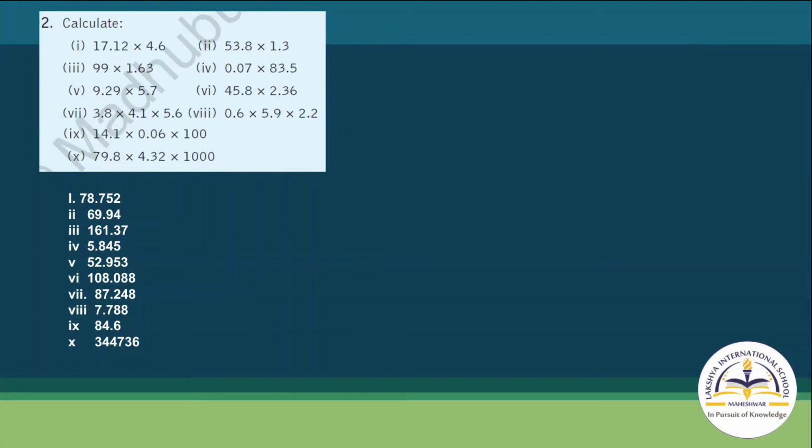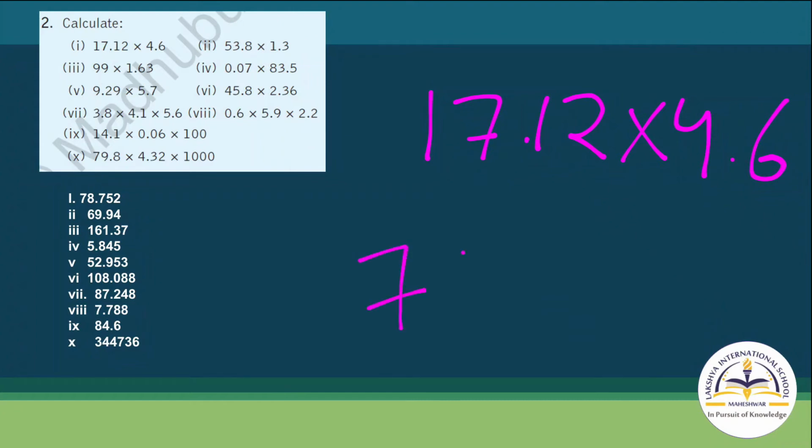Okay, you can see 17.12 into 4.6, so when you multiply them you will get your answer 78752. Now how to put the decimal point? You can count how many numbers are there after the decimal.